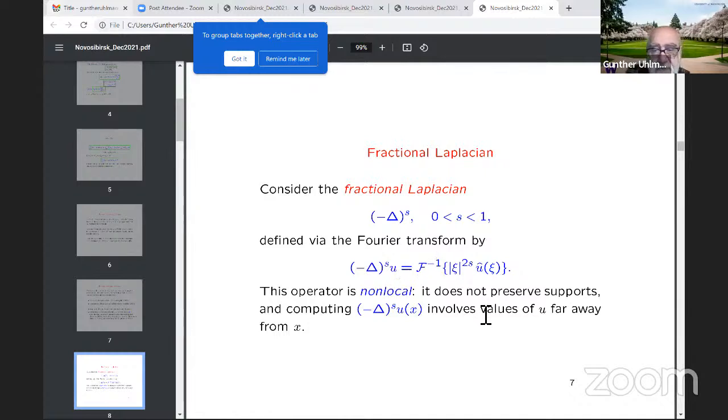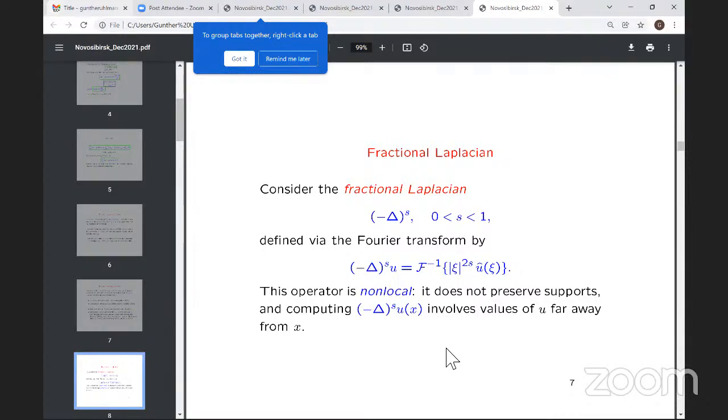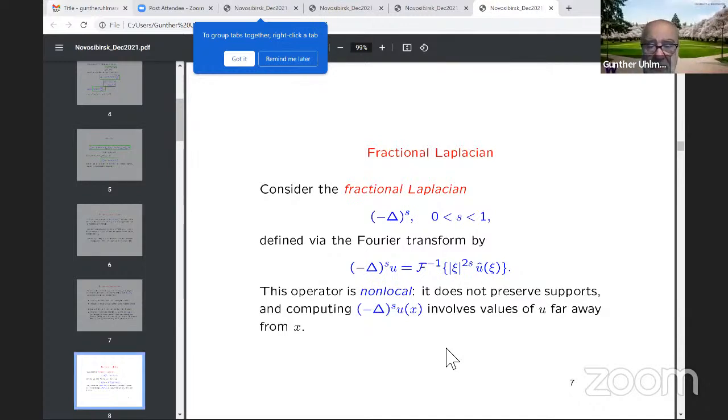It does not preserve supports. And the main point is that the computation of the fractional Laplacian of some function u involves values of u far away from x. And this produces difficulties, but for inverse problems it's very useful because you get more information in some sense, and you can use that.